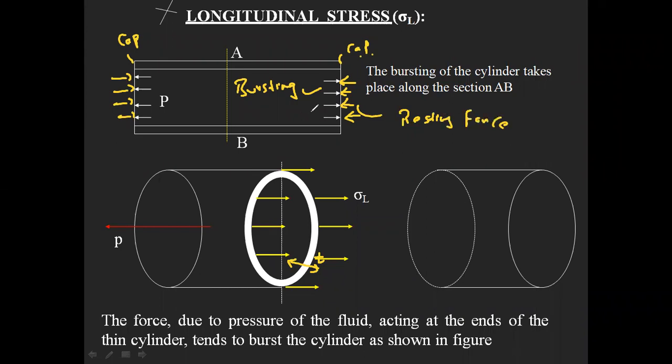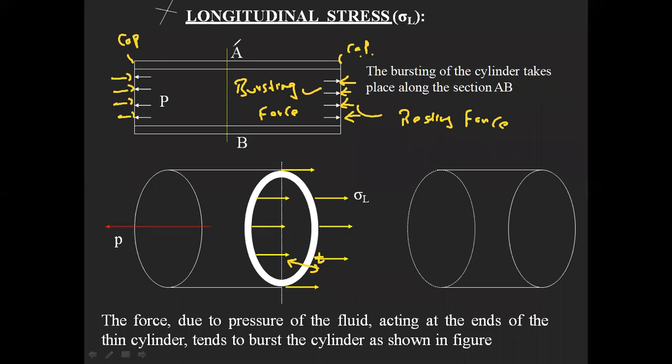Now we have to calculate this bursting force and this resisting force. Equating these two, you can calculate your longitudinal stress, which is going to act due to the pressure inside your cylinder. The bursting of the cylinder takes place along the section AB.